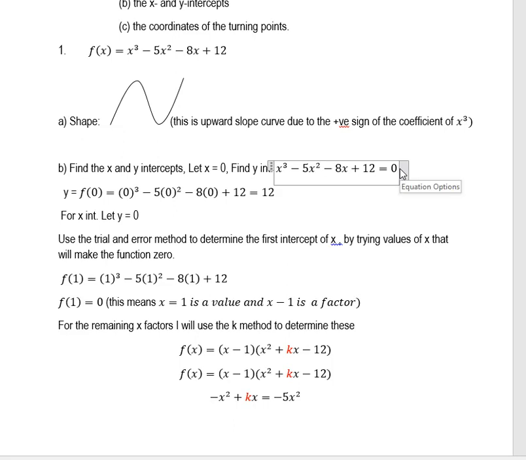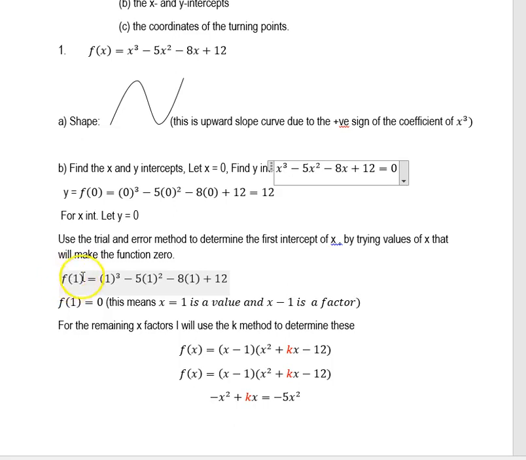From all these values, you are likely to have the first value. So by trial and error, we try values from the negative to the positive. Without wasting much time, I know that 1 is the value that will make this equation to be 0. So I will just use 1. But you've got to try all the values between -3 minimum to about +3. You are likely to have one value.